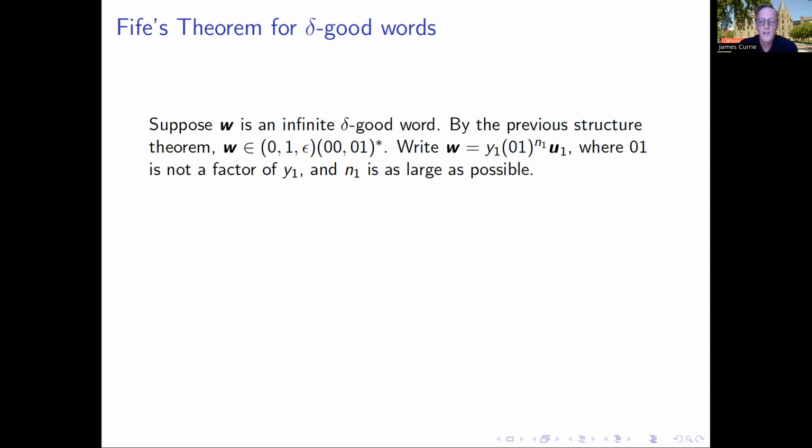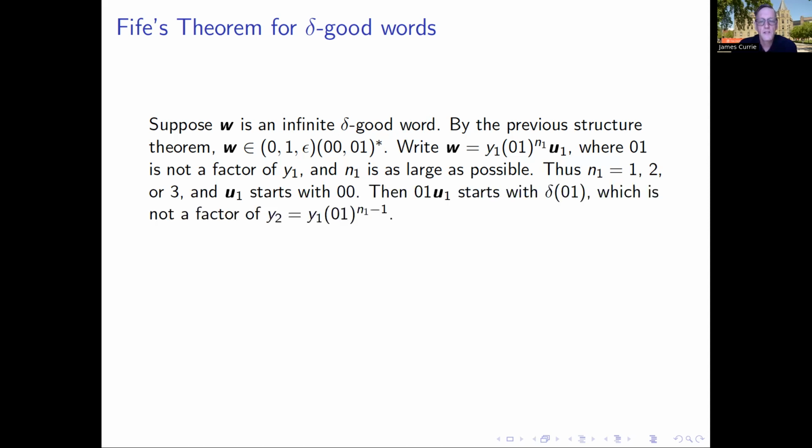So eventually, we see a 0, 1. So we find the first appearance of 0, 1, and it could be 0, 1, 0, 1 squared, 0, 1 cubed, but we can't have 0, 1 to the 4th. So N1 has to be 1, 2, or 3, and after that, things start with the block 0, 0.